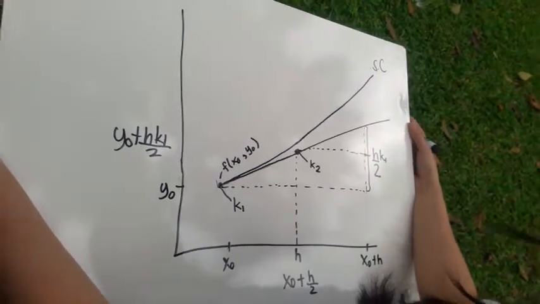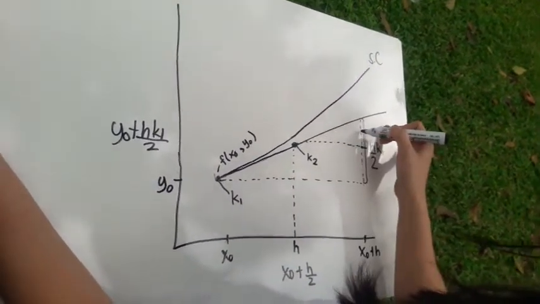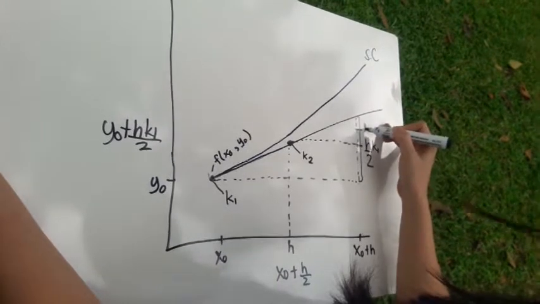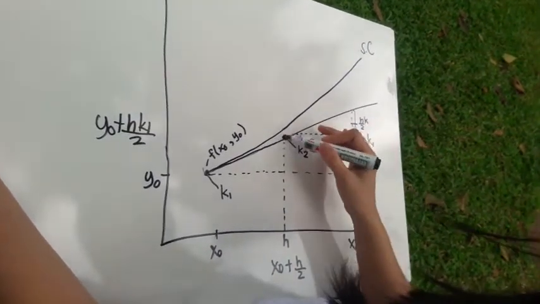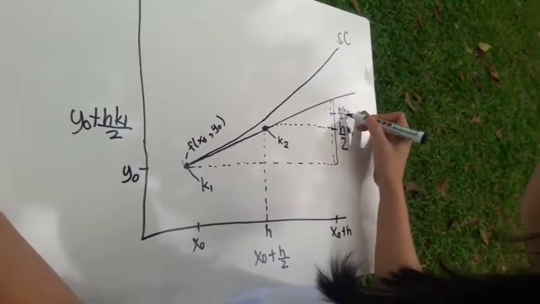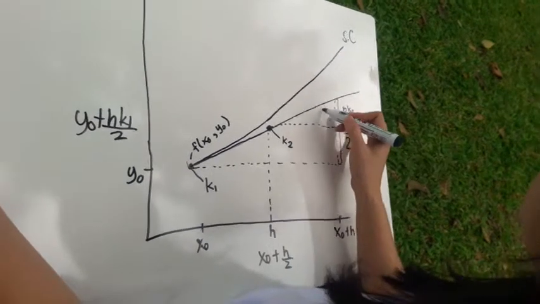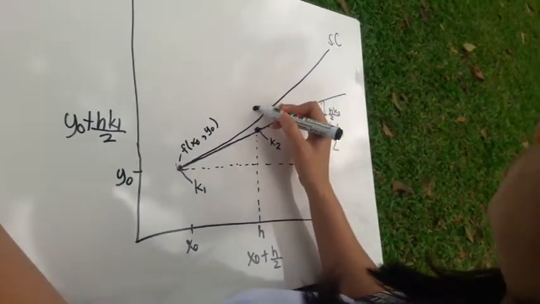So now, our next step is to take the half size of this K2. So it's here. H over 2 and then multiplied by our K2 because this serves as our increment base. And then we have to project it again in line with our K2.